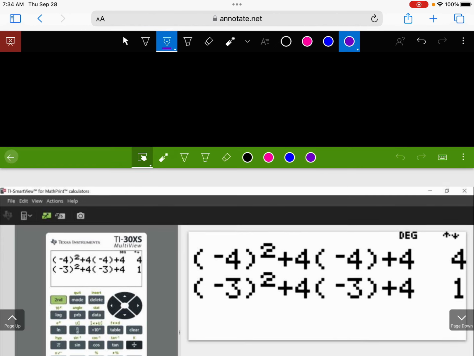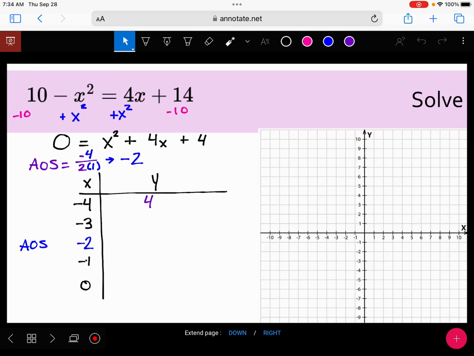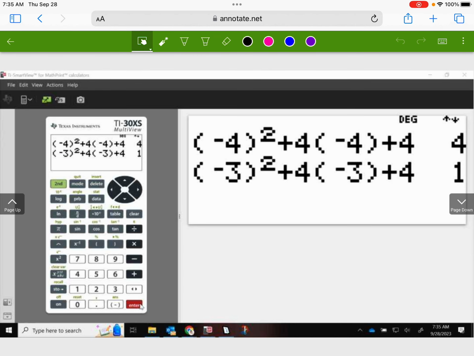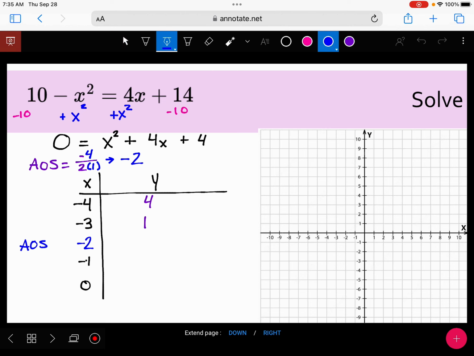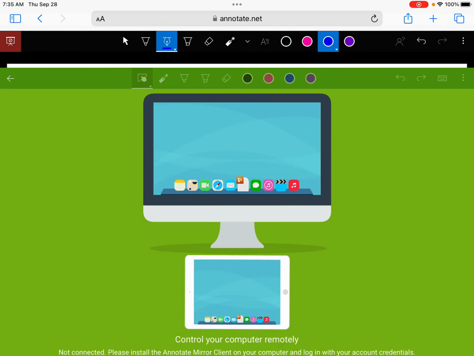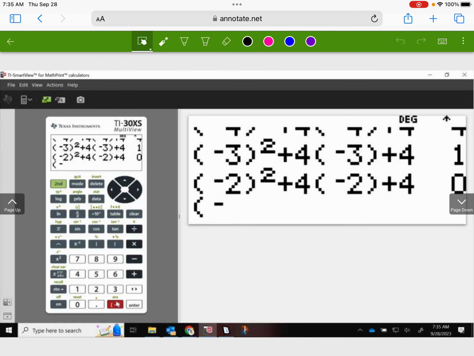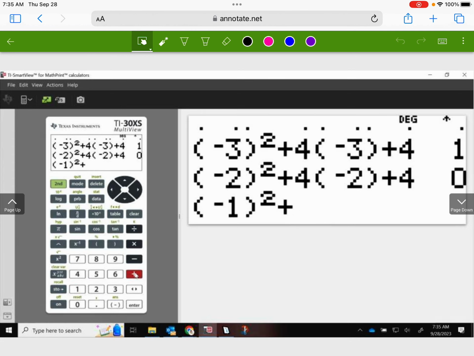And we get 1. Same thing with the negative 2. Negative 2 squared plus 4 times negative 2 plus 4. And we get 0. Same thing with the negative 1. We're almost done with this one. We type it in and we get a 1.